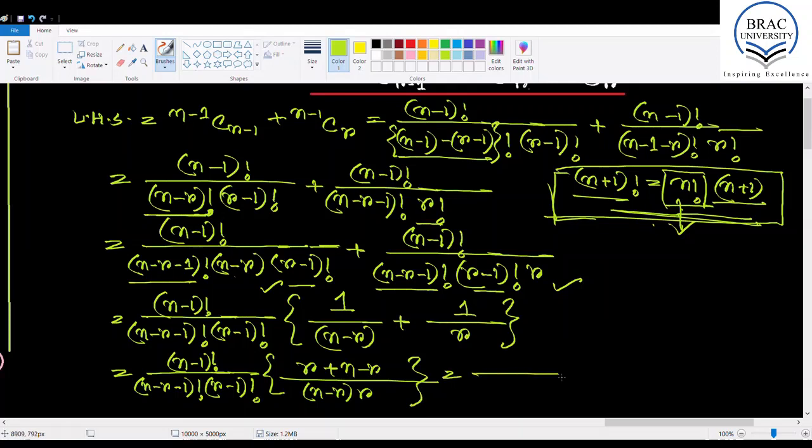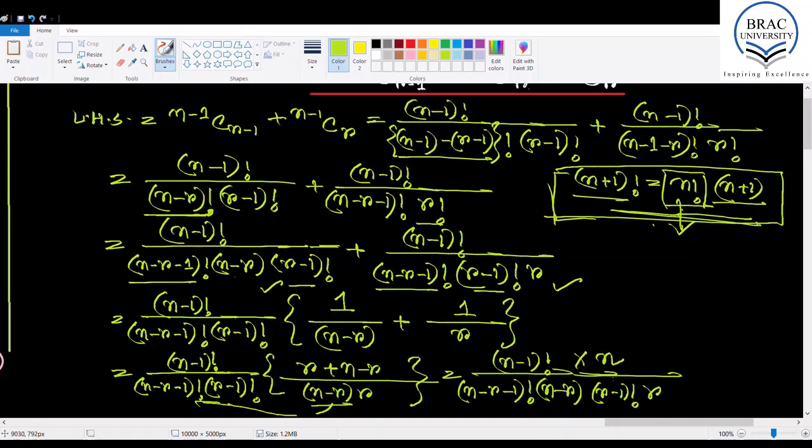So at last we get (n minus 1) factorial, (n minus r minus 1) factorial. This (n minus r) will be multiplied with this, and then (r minus 1) factorial is multiplied with r, and here is n, right?